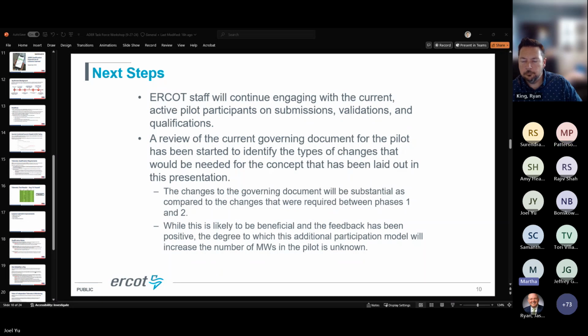Okay, thanks, Mark. That makes sense to me. I wasn't sure how that fit into the NCLR participation model, but it sounds like the intent is still that the ADER would have to be able to inject at least something as well. Right. Okay, thanks.